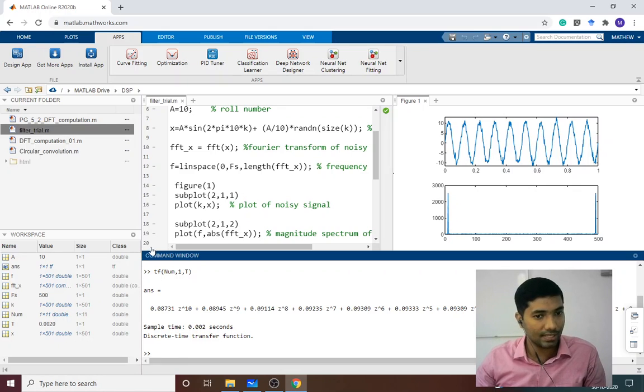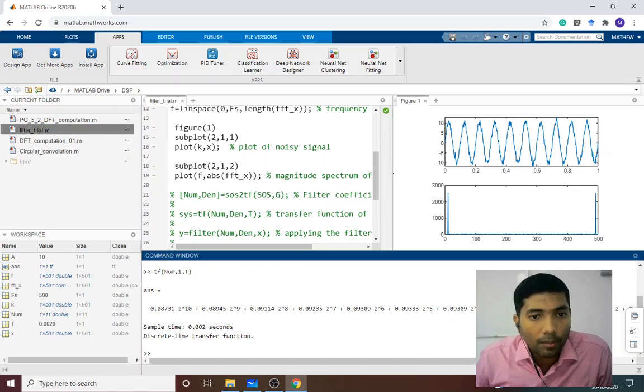Please remember that since this is an FIR filter, we have the denominator as 1, while for an IIR filter we need to define the numerator as well as the denominator. While exporting we can see both numerator and denominator. I will explain that after going through the FIR filter.